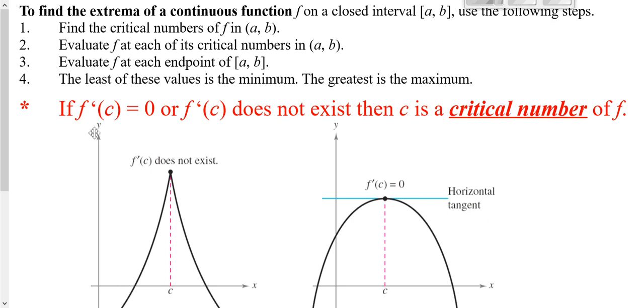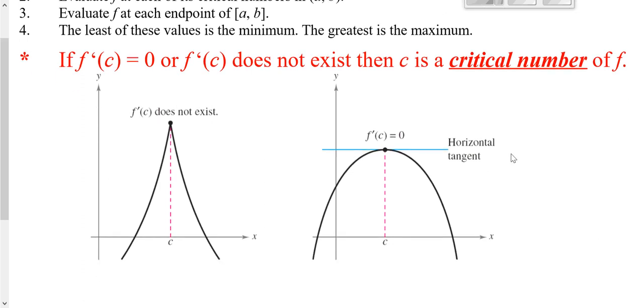Now, critical points are when your derivative is either equal to 0 or your derivative does not exist. So we're going to check our critical points that happen to be in the open interval inside, and we're going to check our endpoints. Then we'll end up finding our max or our min.